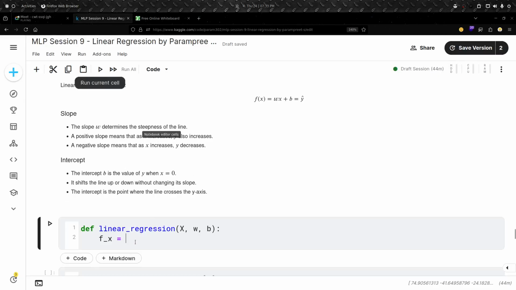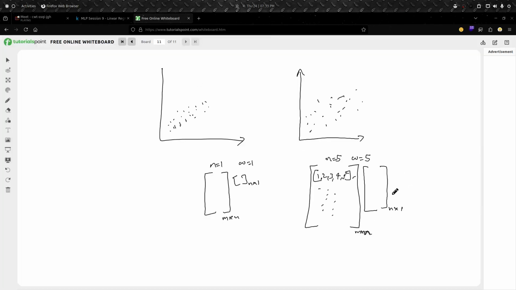In doing the matrix multiplication, we have various methods, and one is matmul. We can also compute the dot product using the dot function, np dot. And there is a shorthand for it, which is the at sign. If I write x @ w plus b, it is similar to doing the matrix multiplication between the vector and the matrix.